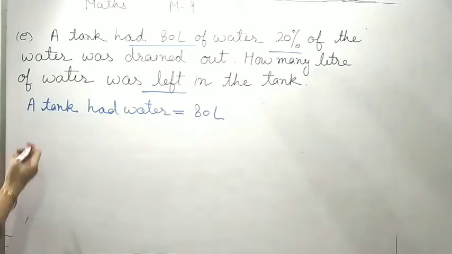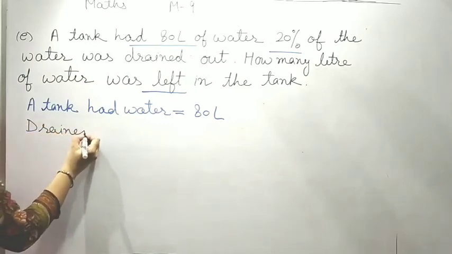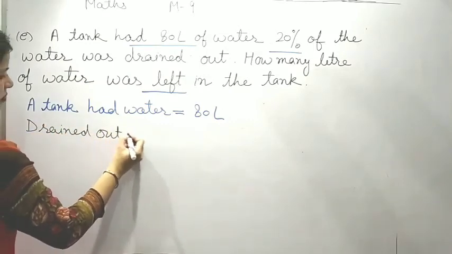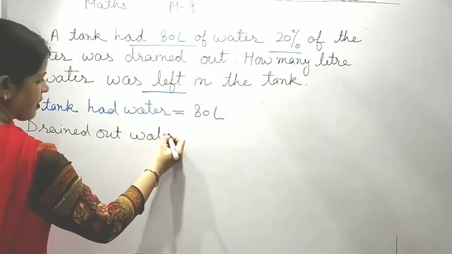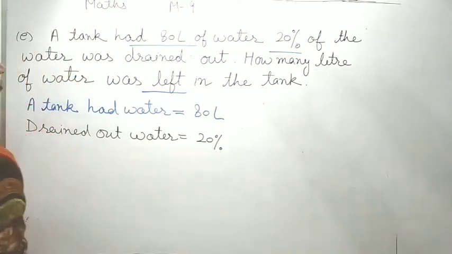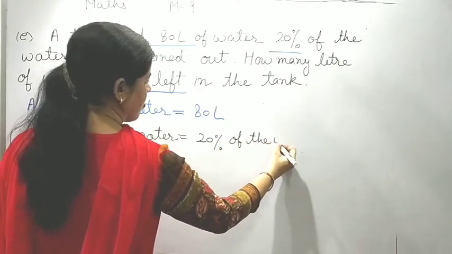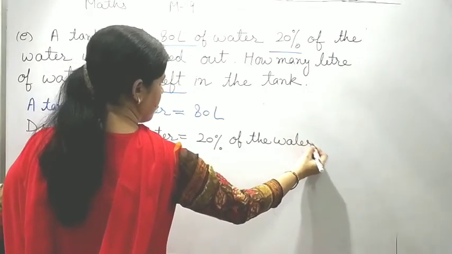So first write down, drained out water is equivalent to 20% of the total water.